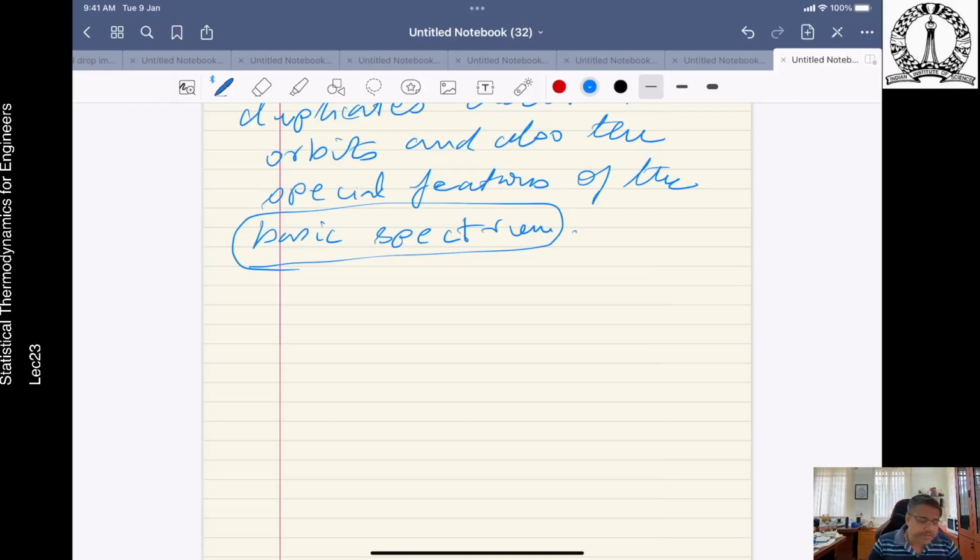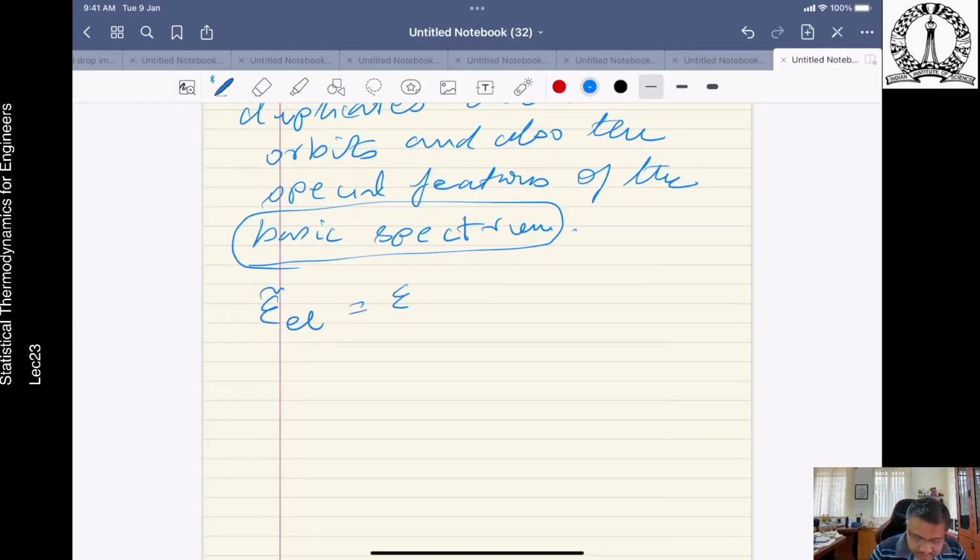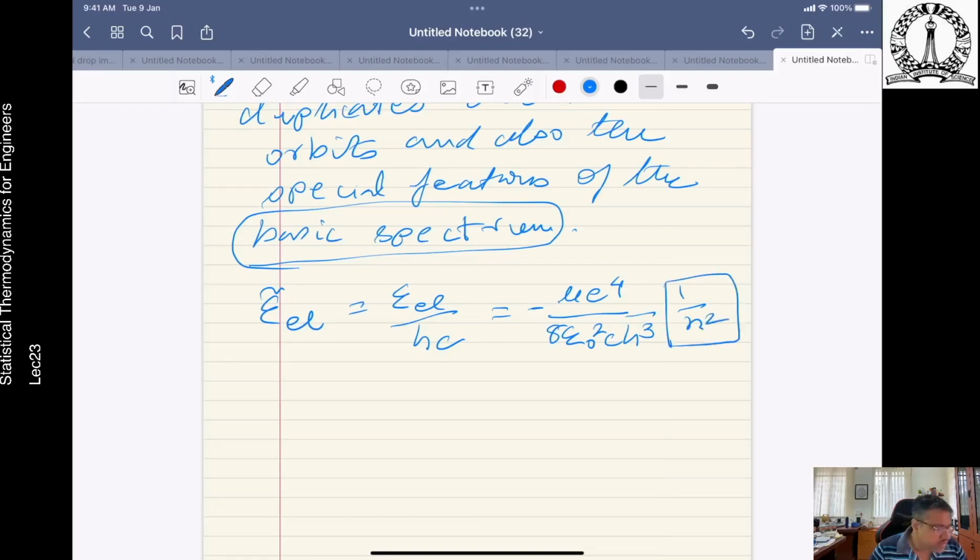From the perspective of stat thermo, we are now able to get an idea about the allowable energies and the degeneracies. So the electronic energy is minus E to the 4 over 8 epsilon naught squared c h cubed, into 1 over n squared. This is different from Bohr except that we have used the reduced mass.